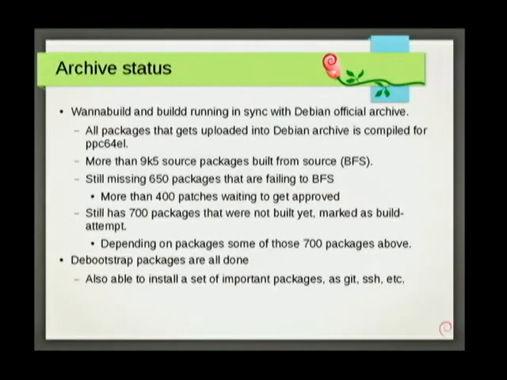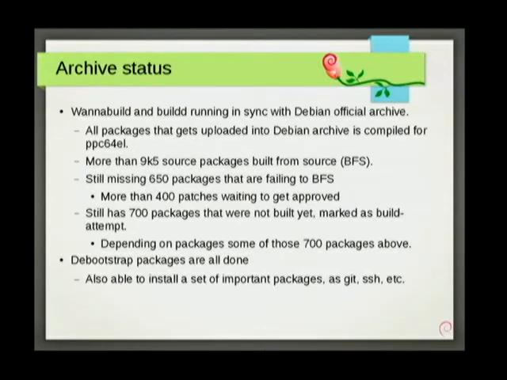And the status of our internal build is that we have more than 9,500 packages built from source, I mean without any internal patch, but depending on packages that have internal patches. Also, we are still missing 650 packages that are failing to build.